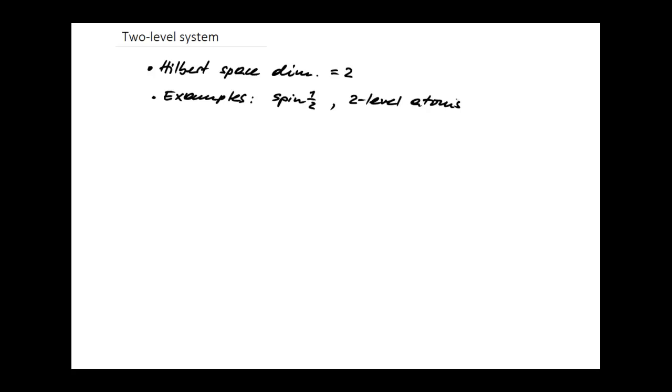Another example is photon polarizations. Photons have, of course, the usual spatial degrees of freedom, but they also have polarization degrees of freedom. And there are two possible polarizations of a photon. And if you're only interested in the polarization degrees of freedom, then this is a two-level system.